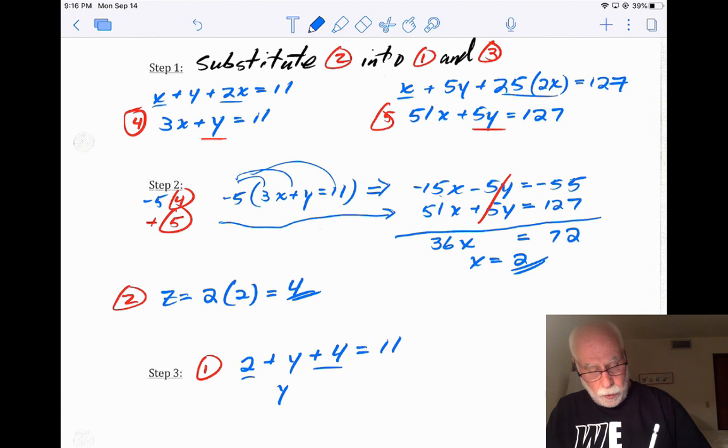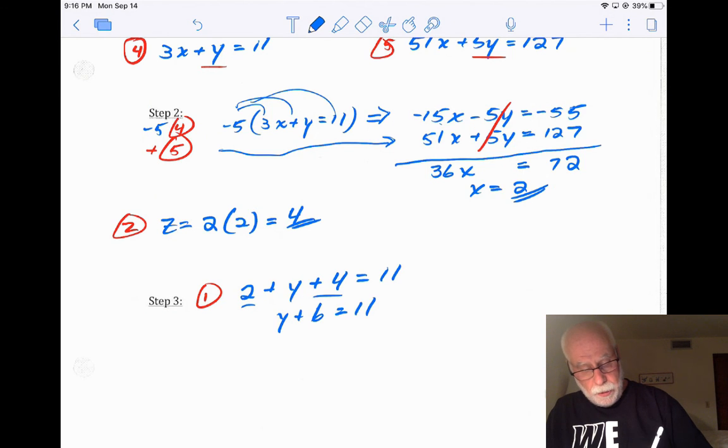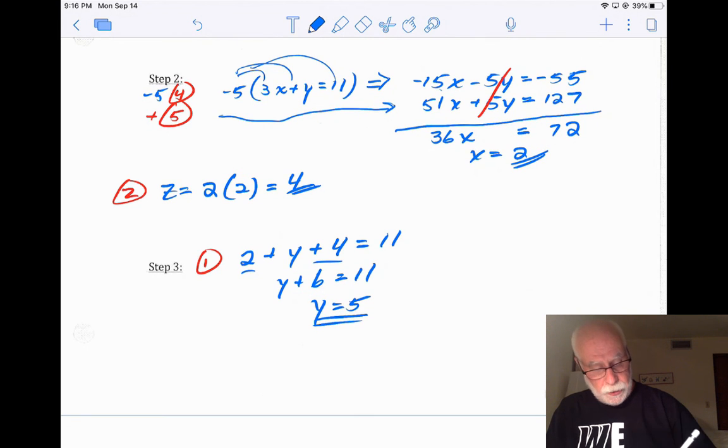Combine like terms, y plus 6 is equal to 11. And then y is equal to 5. Again, I'm going to put my solution in xyz form. So I'll get x is 2, y is 5, and z is 4.